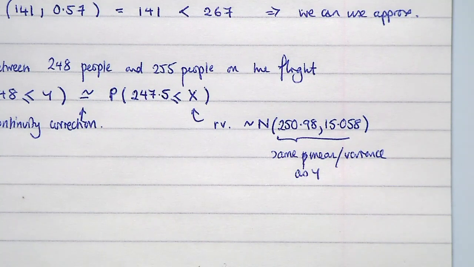So to standardize, what am I going to need to do? I'm going to need to subtract off the mean off both sides and divide by the standard deviation. Now what's in the notation there for the normal distribution is the variance, so I'm going to need to take the square root.